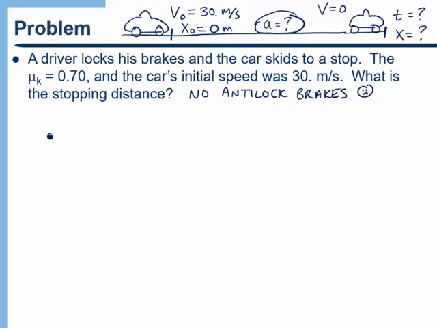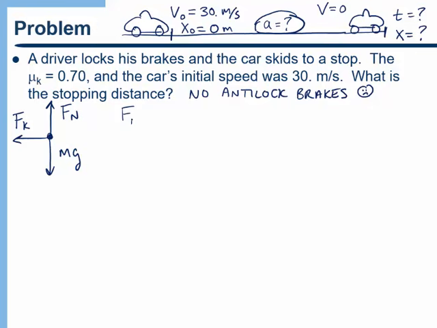While the car is stopping, there are only 3 forces acting on the car: the normal force, the force of gravity, and the force of kinetic friction. In other words, the sliding of the tires on the road is exerting a force on the car of Fk. And those are the only forces acting.